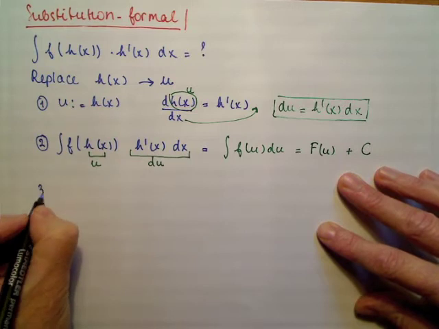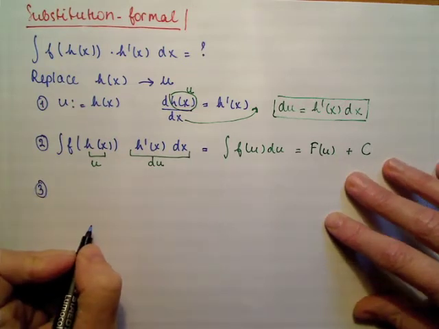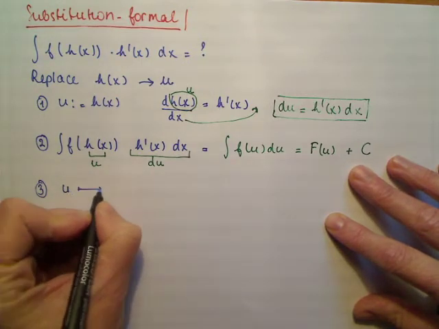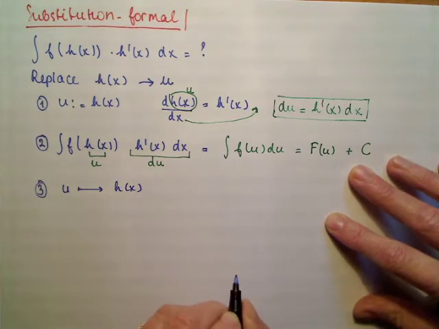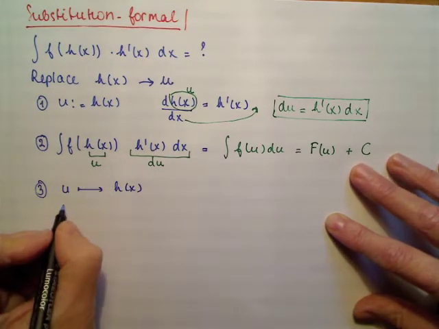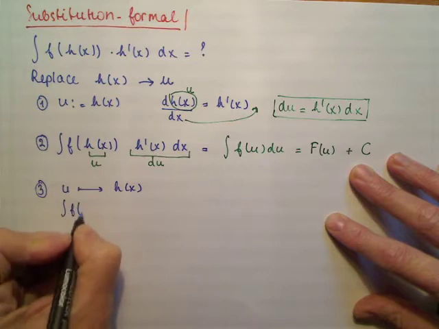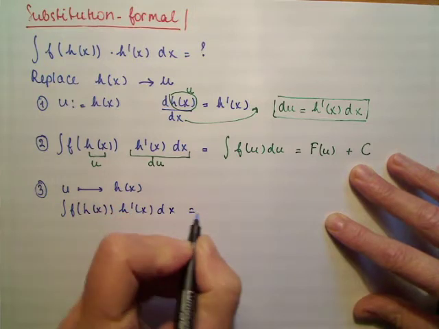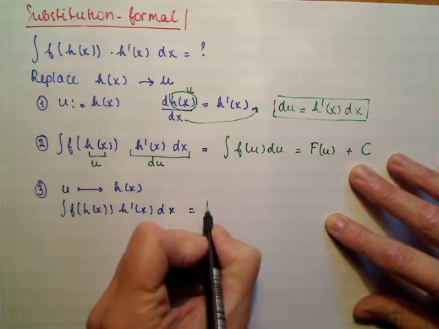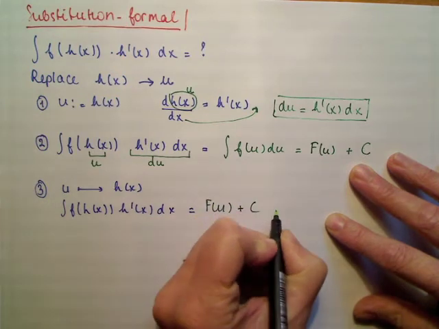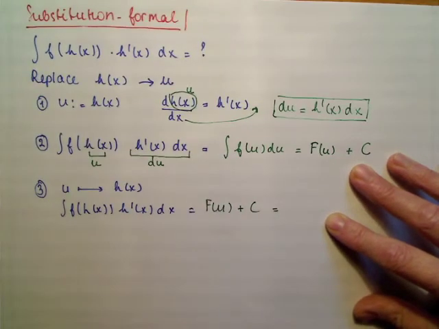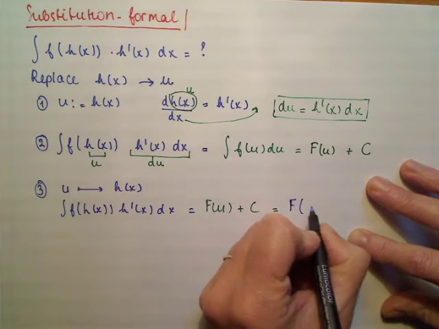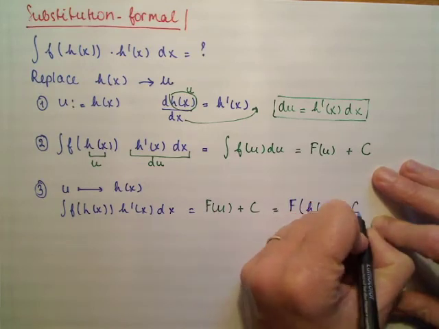Now again we have to go back to our original variable x, so we substitute u again by h of x, and then we get that our required primitive is now equal to capital F of u plus the constant c, and substituting back h of x instead of u, we get capital F of h of x plus constant c.